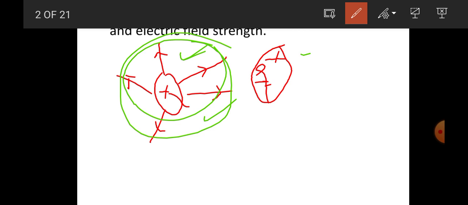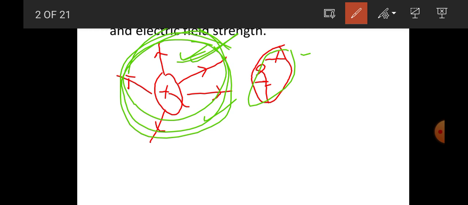Here I am distinguishing the difference between electric field and electric field strength. Electric field is the region around a charged body where another charged particle experiences a force due to the charged object.